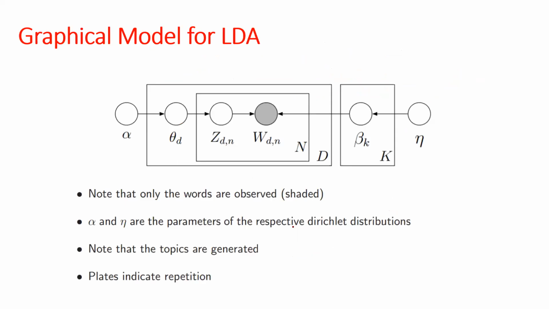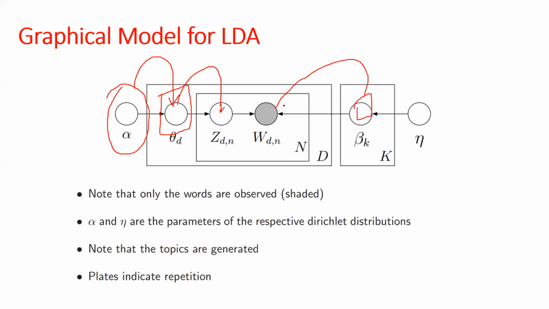If you see the graphical model here for this LDA, this is the Dirichlet distribution parameter. You pick a distribution over topics. From that, you choose randomly which topic you want to take by throwing a dice. Once you choose a topic, you take the distribution of the words under that topic, and you finally take a word and generate it, right?